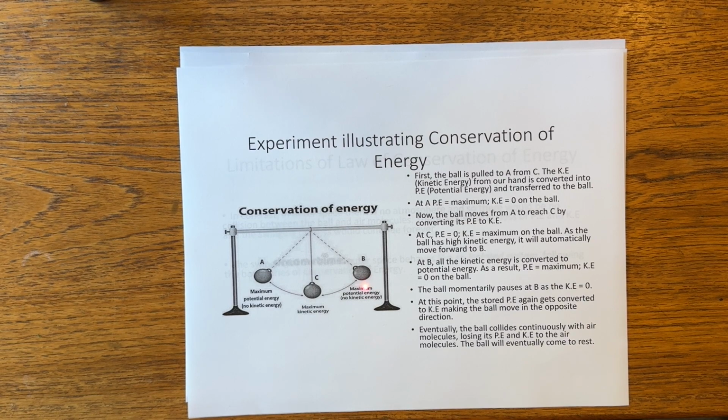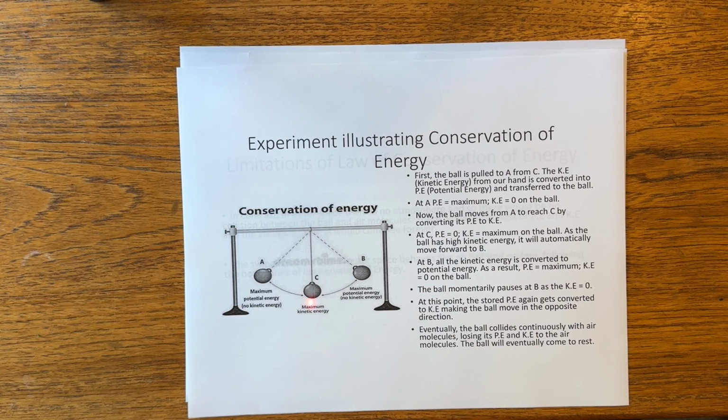At point B, the kinetic energy is converted into potential energy. As a result, the potential energy is the maximum and kinetic energy is 0. The ball pauses momentarily at B and then starts moving back in the opposite direction, and so on. It moves to C, moves to A, and then to C, and then to B. So at points A and B, the potential energy is the maximum and there's no kinetic energy.